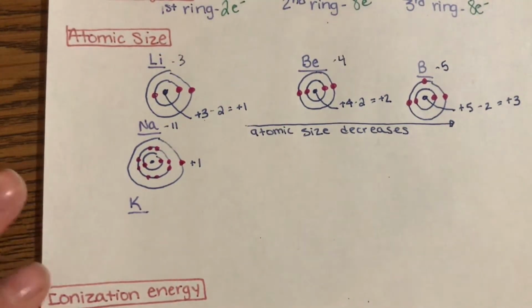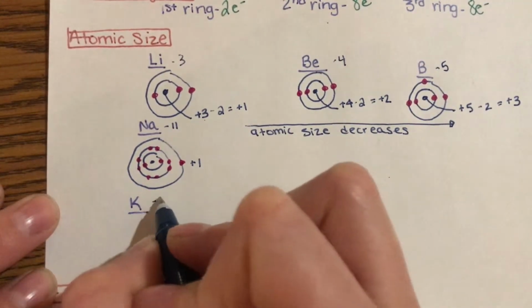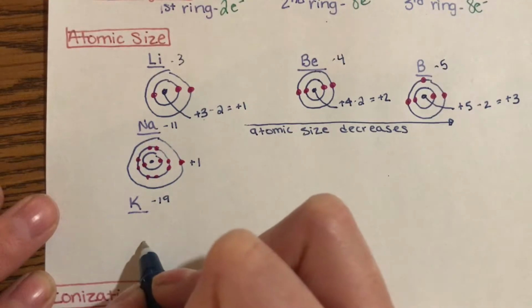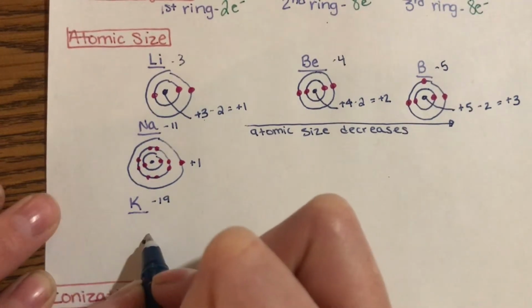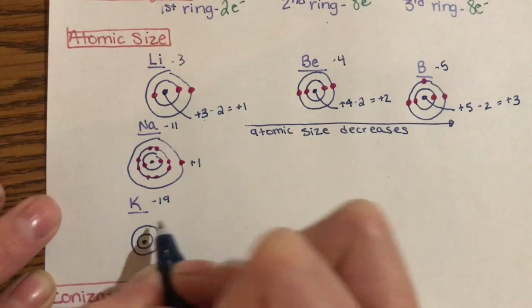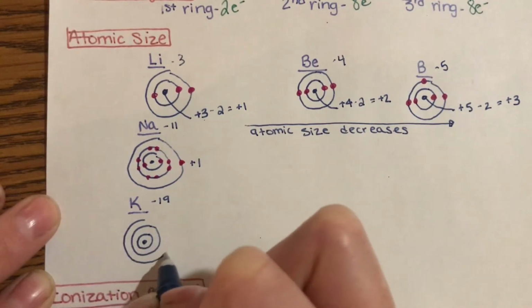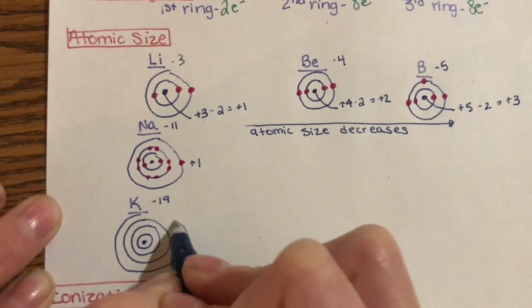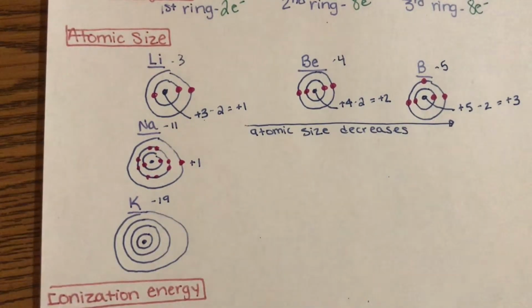Okay, next one is potassium. This one has 19 electrons and protons. It's in period 4, so I'm going to draw 4 rings. So my nucleus, my first ring, my second, my third, and then my fourth.